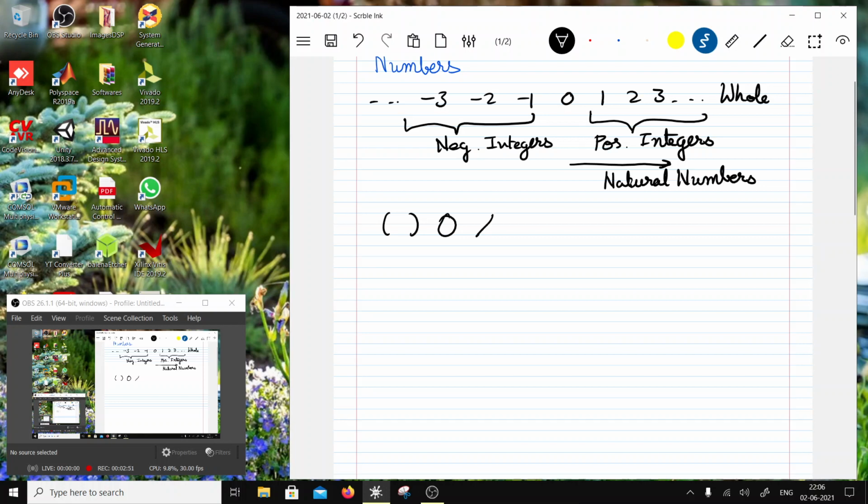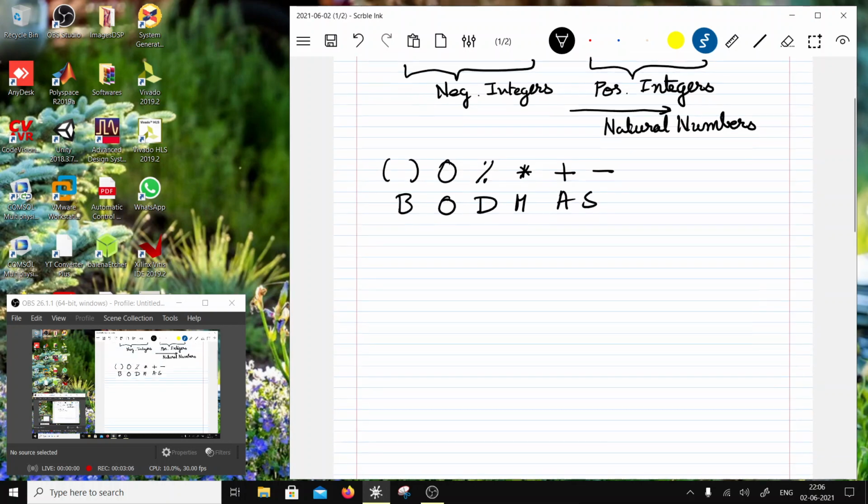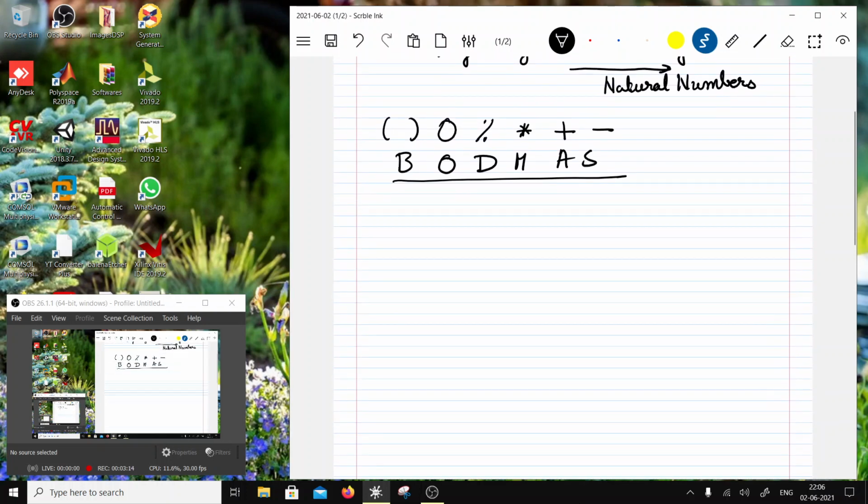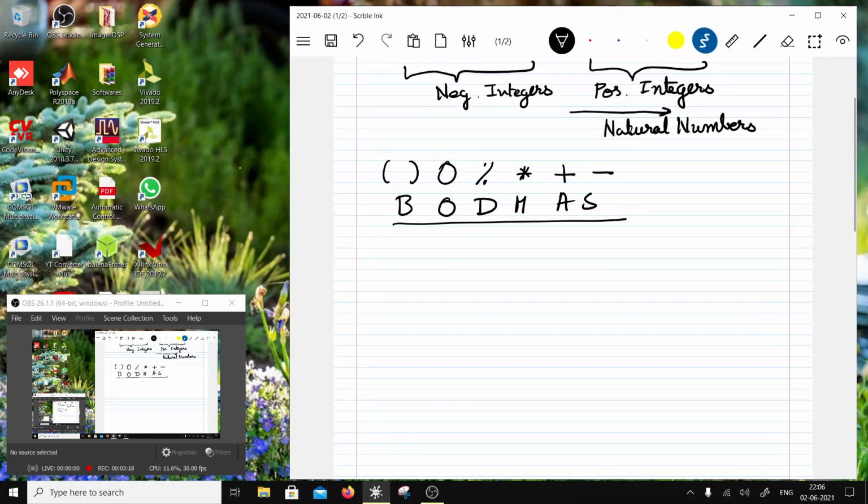Then there is division, multiplication, addition, and subtraction. So this is bracket, order, division, multiplication, addition, subtraction. This rule is known as BODMAS, and this is how your expressions are going to be solved. Whether it is integers or fractional numbers, you are going to follow BODMAS. This is the precedence in which an expression would be solved.